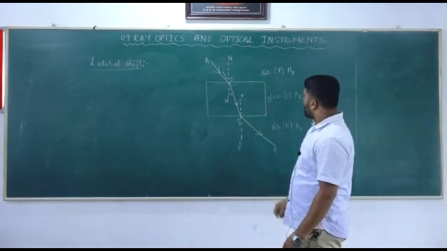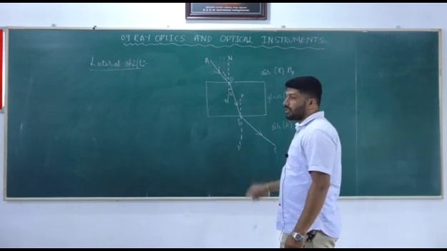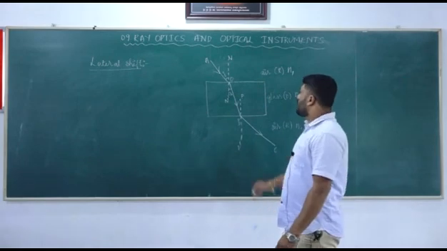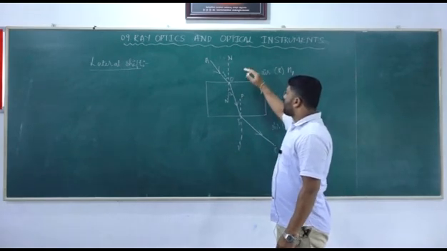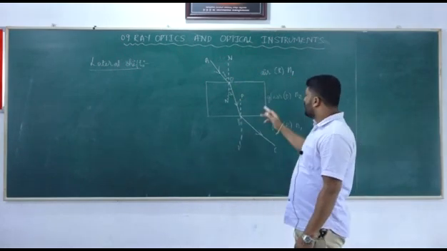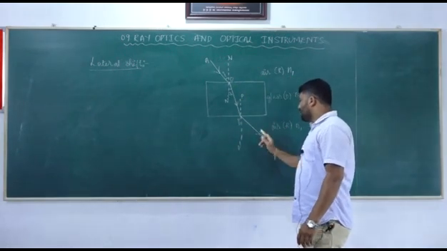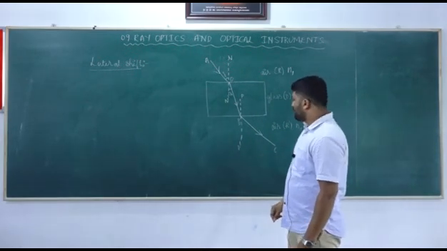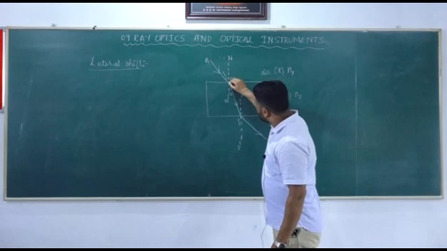See here, in the glass slab, refraction takes place two times. One is when it travels from air to glass, and the other is glass to air. Observe here, this is the incident ray.